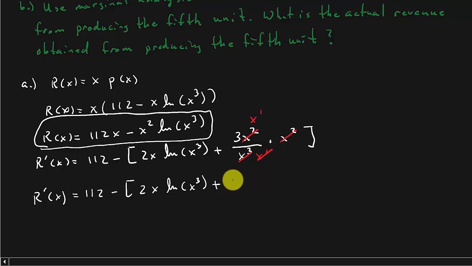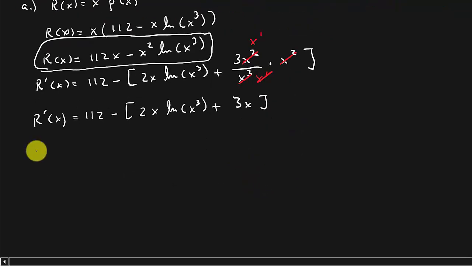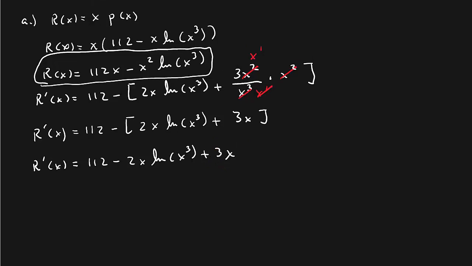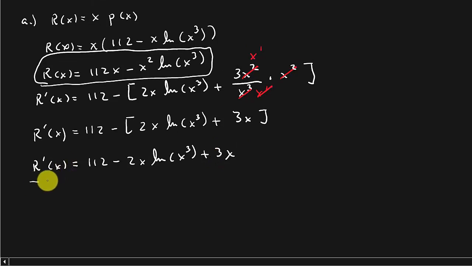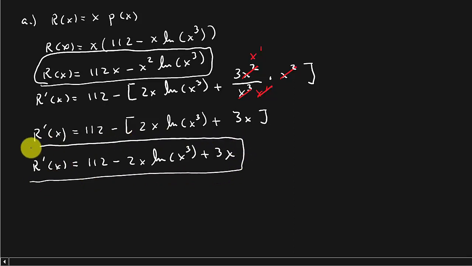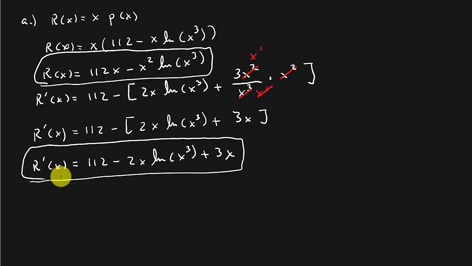So that's going to be plus 3x. And so now I get r prime of x is equal to 112 minus 2x natural log x cubed plus 3x. All right, so this would be our marginal revenue. Okay. All right, so that's part A.